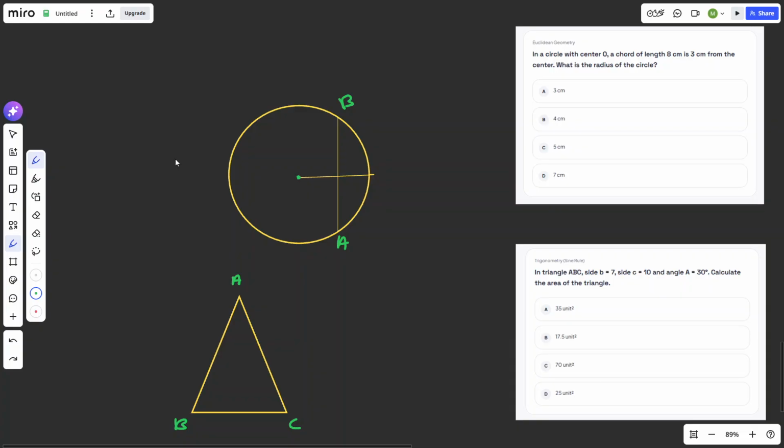So let's write that down here: AB is equal to 8 centimeters. And next, it says that this chord is 3 centimeters from the center.